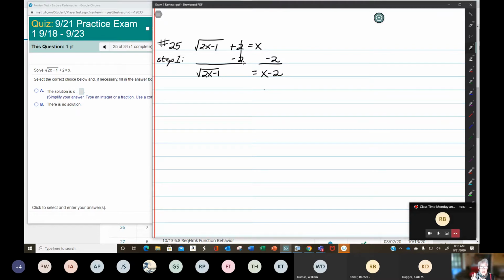Now, once I have my radical isolated, my square root radical, I am going to do step 2, which is square both sides. So I'm going to square the left and square the right. Squaring a square root gives you what's left underneath. Squaring a binomial that's not a square root is a different matter.